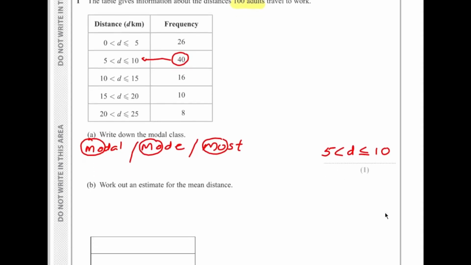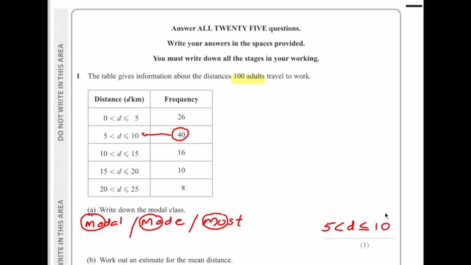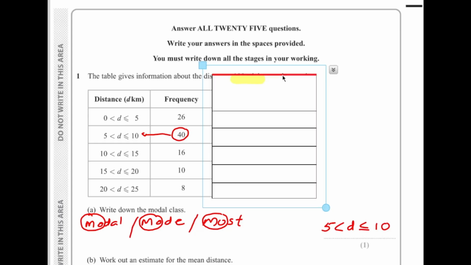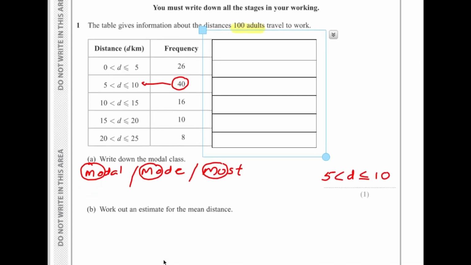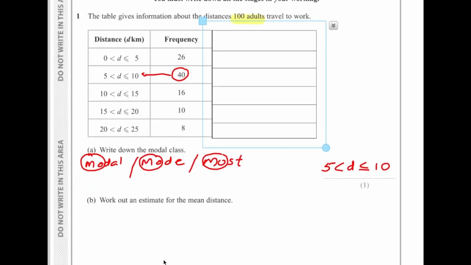Part B, we have to work out an estimate for the mean distance. For the mean, we have to get the midpoint. If you're getting confused about when to get the midpoint, there's frequency density as well. Should I get the midpoint for the frequency density or for the mean?